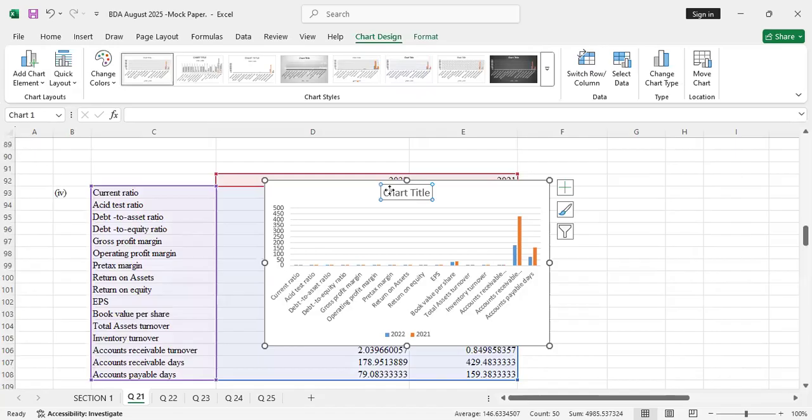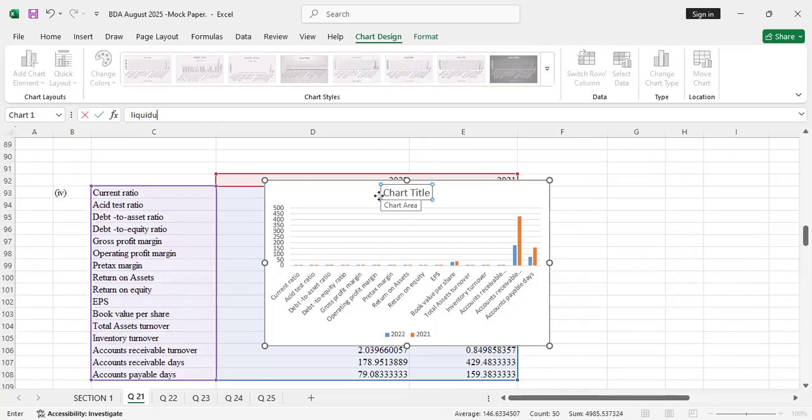Then the chart title, you'll write liquidity and solvency, profitability, and turnover ratios.